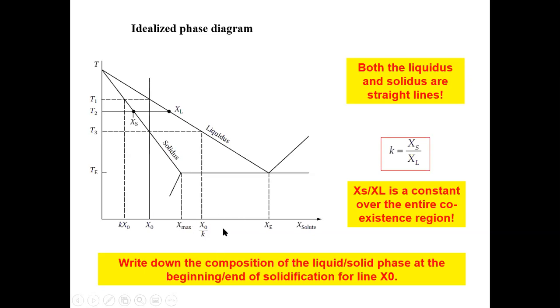So if we have this very simple linear scaling relation between the two compositions, due to the fact that we approximate both the liquidus and the solidus as straight lines, then during the entire solidification process we have this very convenient relation. Okay, that is our setup.